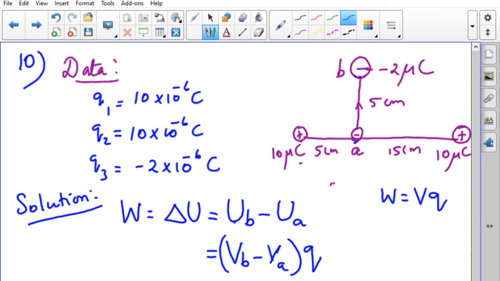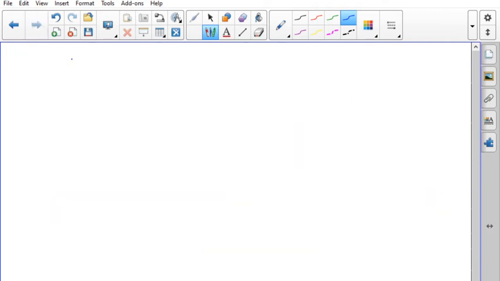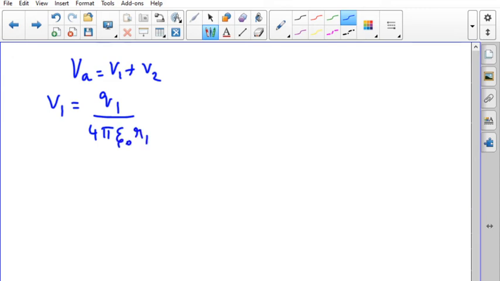So let us calculate what is the potential at the point A due to these two charges, because both the charges will have a potential at A. So VA is equal to V1 plus V2. What is V1? V1 is equal to the potential produced by the first charge, Q1 by 4 pi epsilon naught R1.